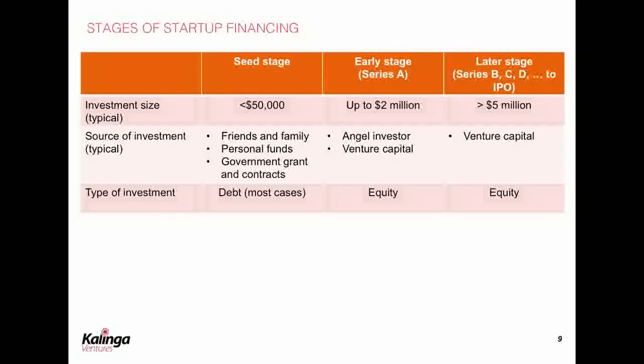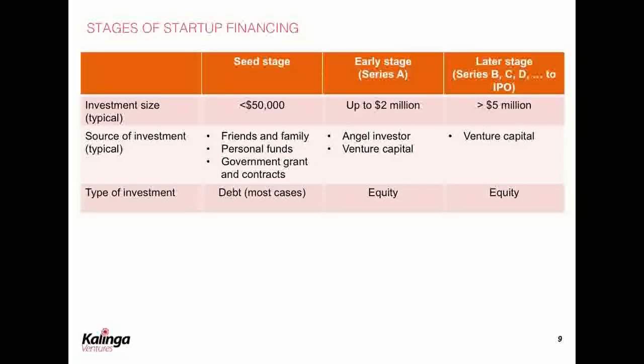Okay, now let's look at what are the different ways a company can raise money. Before that, one has to understand that there is not one stage of financing, but there are multiple stages of financing. For company X, they don't need a lot of money.